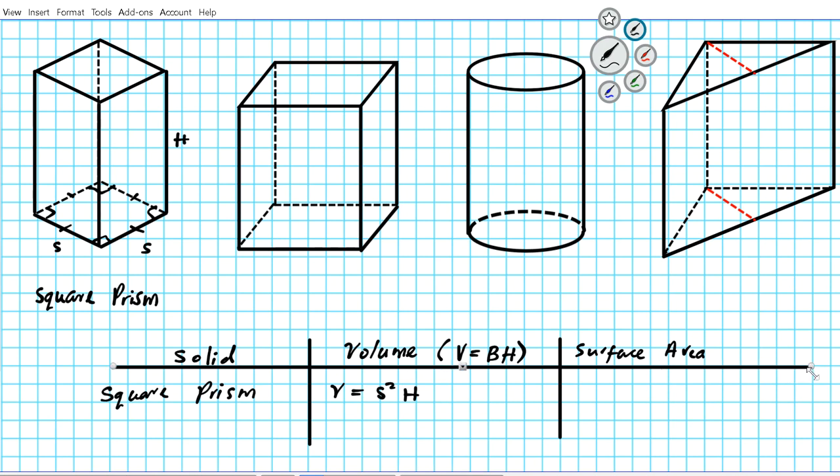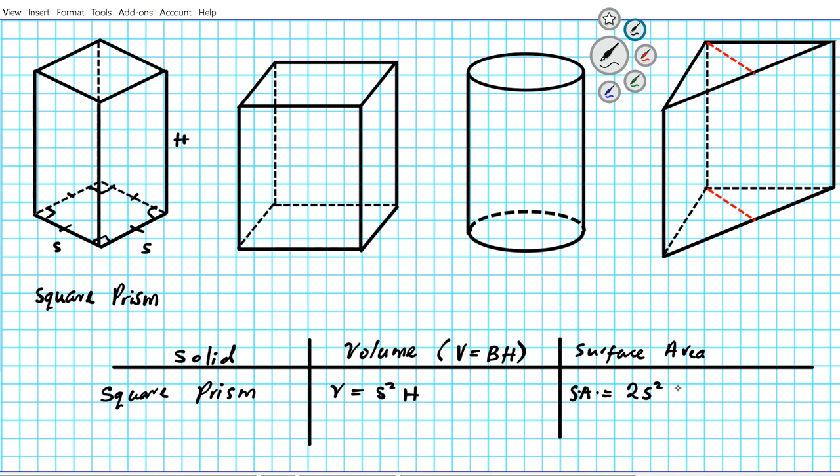So we just basically use the faces, the sum of the area of all the faces, to determine what the surface area is. Okay, so in this particular case, the surface area is going to be the sum of the area of the top and bottom, which is 2s squared. The top is s squared, the bottom is s squared.